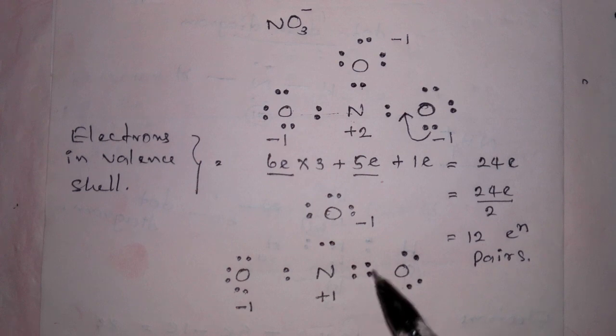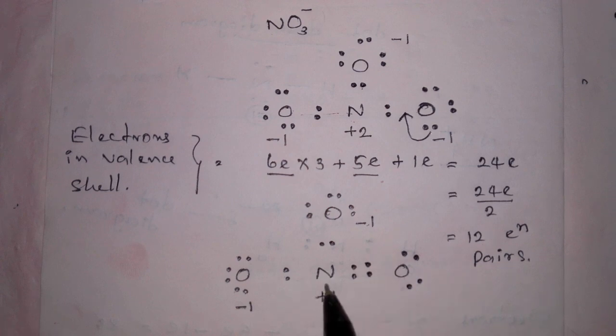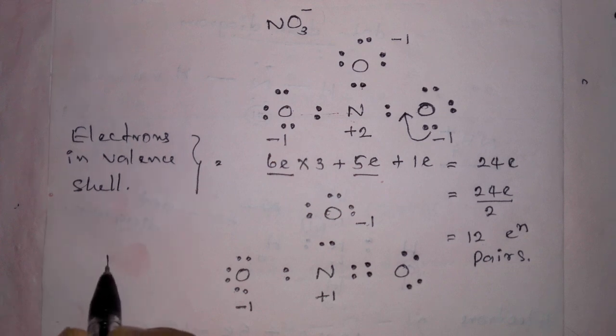You may think that we can reduce this -1 and this +1 charge. It is wrong, because we cannot exceed the valence of nitrogen more than 8. We can see there are 8 electrons in the nitrogen valence shell, 1 2 3 4 5 6 7 8. We cannot exceed this octet. So this is the Lewis dot structure.